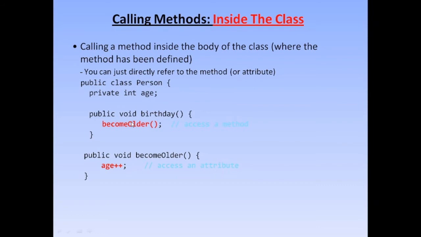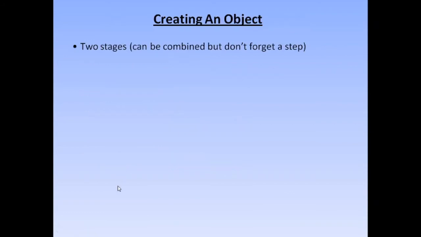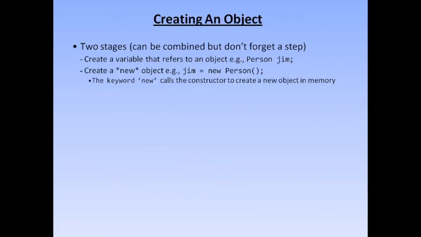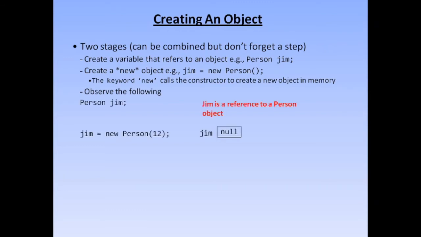Now here you can see there is a class called Person. It has an attribute age, and then there is a method known as birthday, which is calling becomeOlder, and this becomeOlder is defined inside the class itself. So this will run and will not create any problem. Now, we can provide the definition of a particular class in two lines or in a single line.